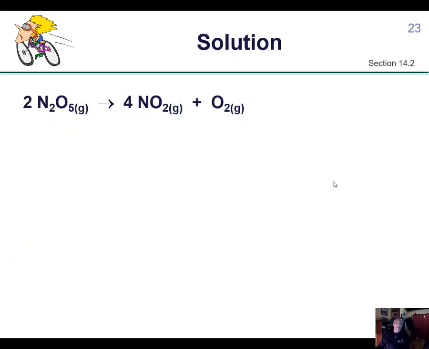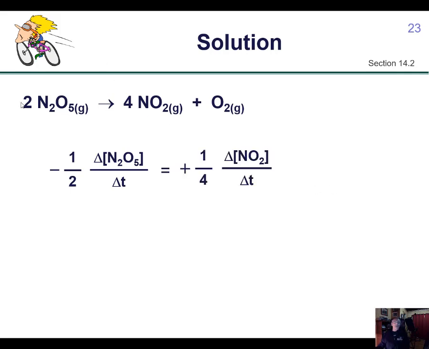So after we set the problem up, we're going to solve for nitrogen dioxide first. We set it up by simply doing minus 1/2. Just take the coefficient, put it in the denominator, 1 in the numerator, times this rate. This is the rate we know. This is the rate we want to know. So what are we going to do to solve this?